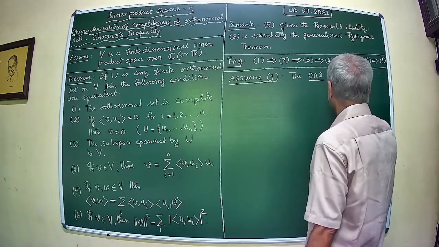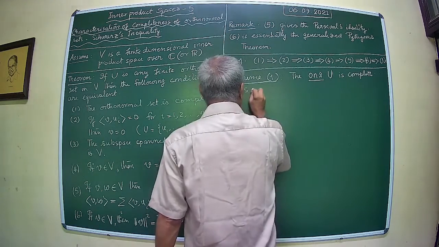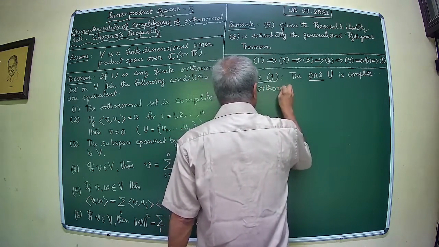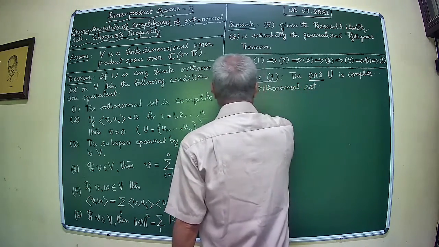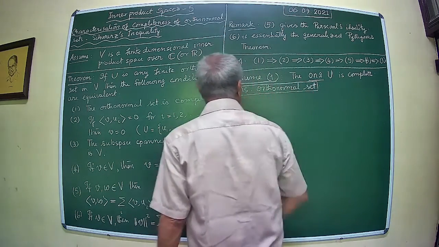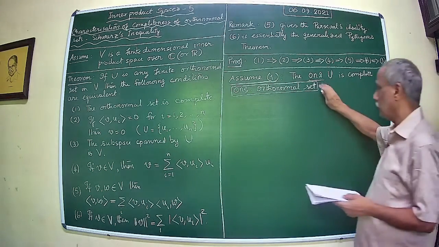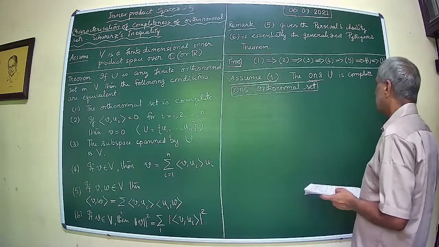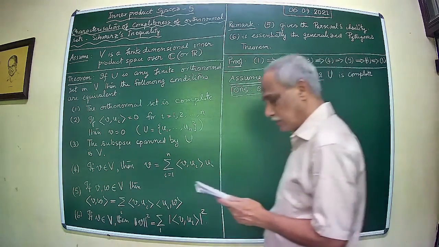ONS stands for orthonormal set; this is the short form that I am just using. Right. So assume 1, that is, U is a complete orthonormal set.